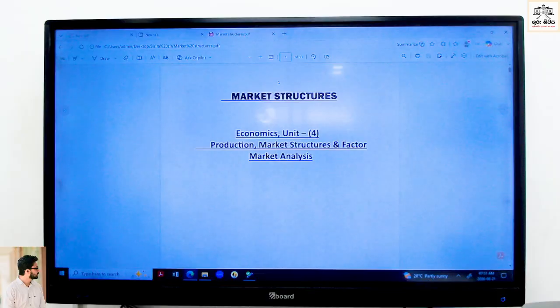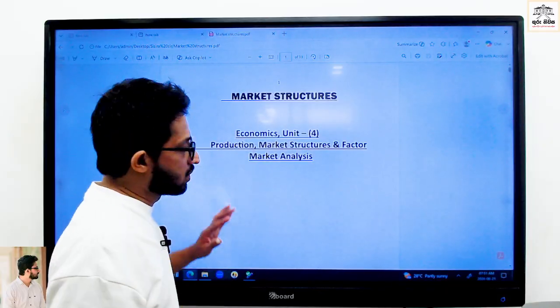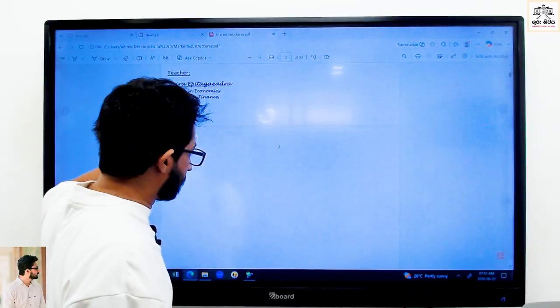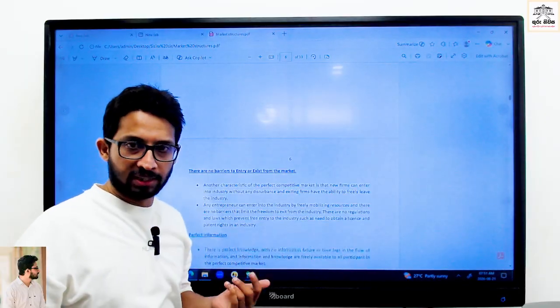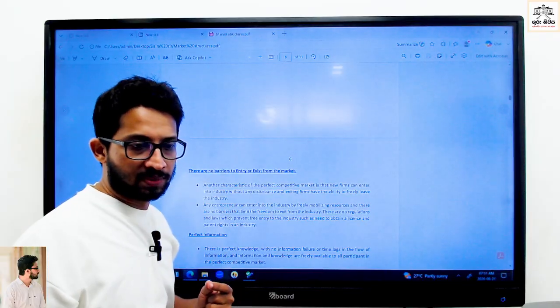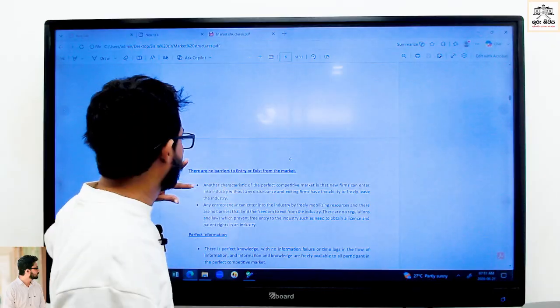Then what about barriers? There are so many barriers to enter into the market, both artificial and natural barriers.